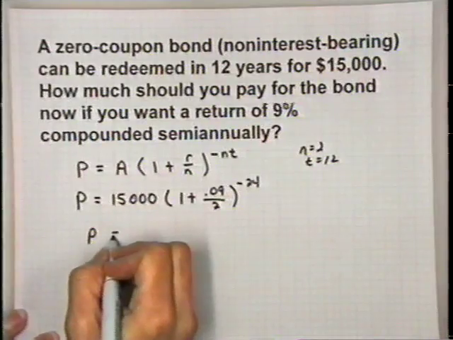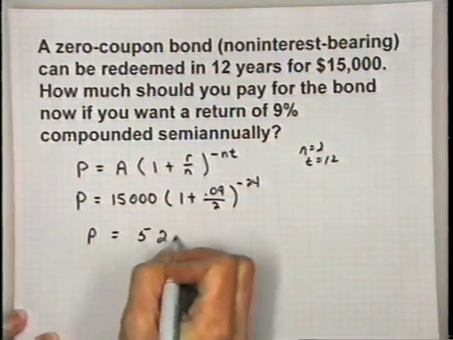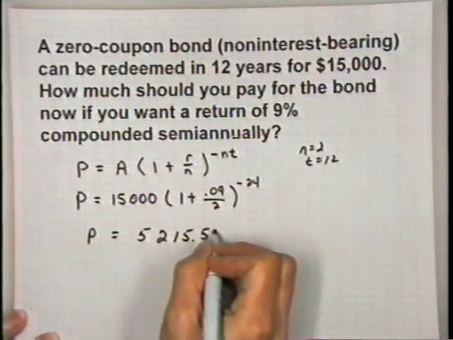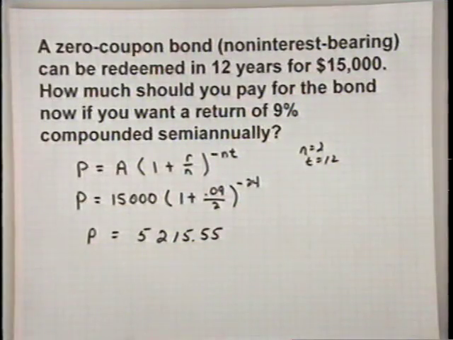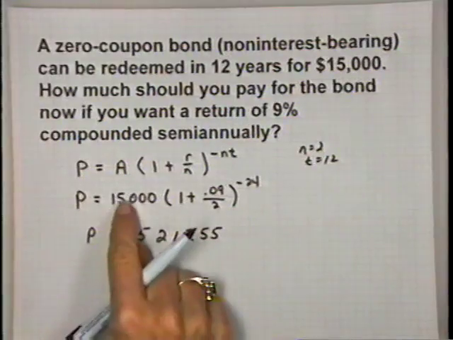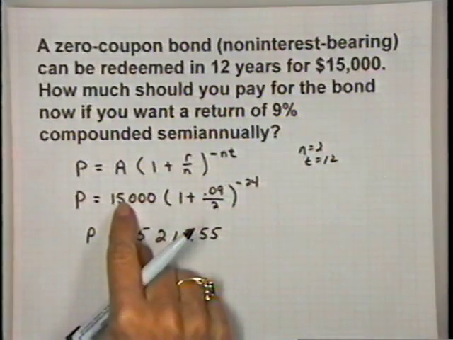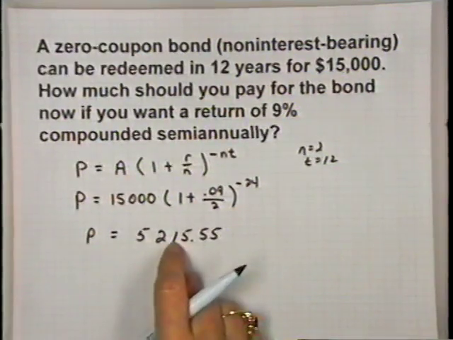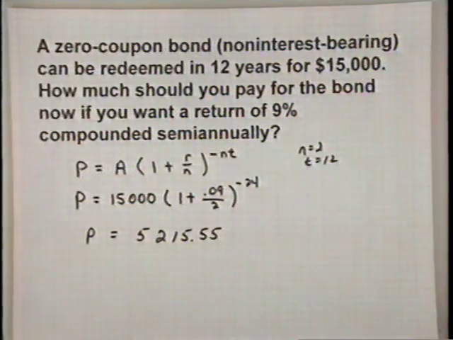My principal is $5,215.55. So if I pay this amount of money today and I get $15,000 in that 12-year time frame, then what I'm saying is it's equivalent to putting this amount of money in an account that pays 9% compounded semi-annually.